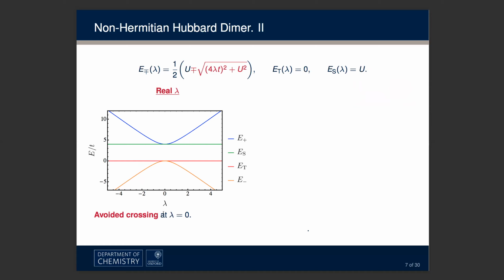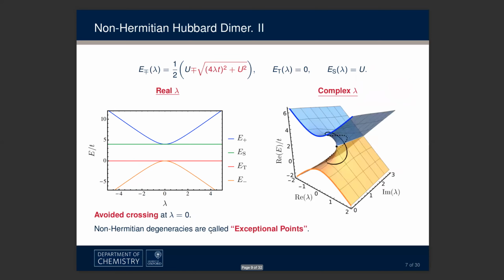But if we extend lambda into the complex plane, and when we do that, we turn our Hamiltonian into a non-Hermitian Hamiltonian, we find this remarkably bizarre looking structure with a degeneracy in the complex plane. So this degeneracy occurs at u equals 2ti. No, sorry, 4ti. And it's indicated by this black dot.